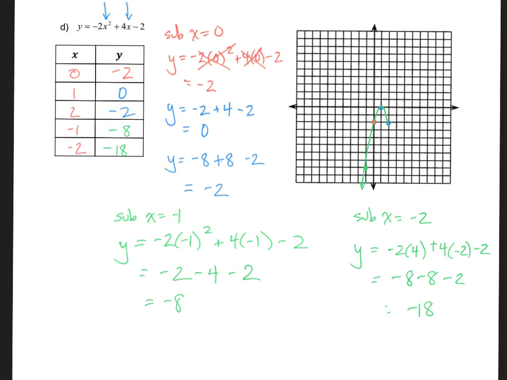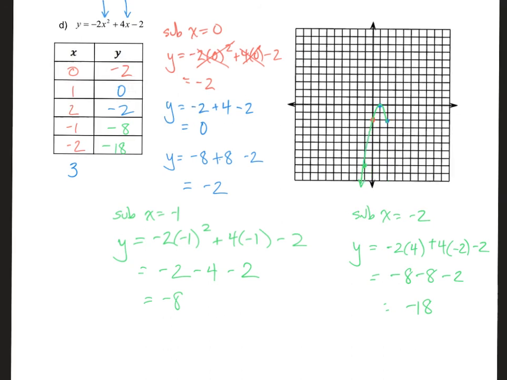But then that means that I need to extend my table a little bit. So now what I may need to do is see what's going on on the right side. So if I went through and said, well, what about at an x value of 3? I want everybody to sub in an x value of 3 and calculate your y value. Okay, we're back. 3 squared is going to equal 9.